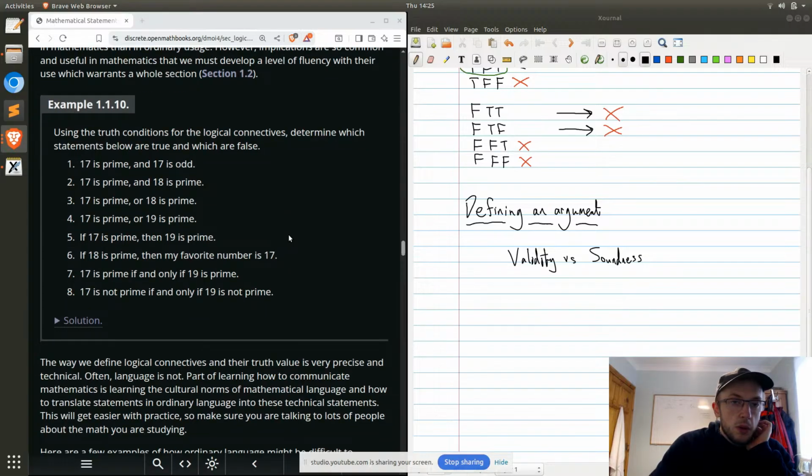Using the truth conditions for the logical connectives, determine which of the statements below are true and which are false.